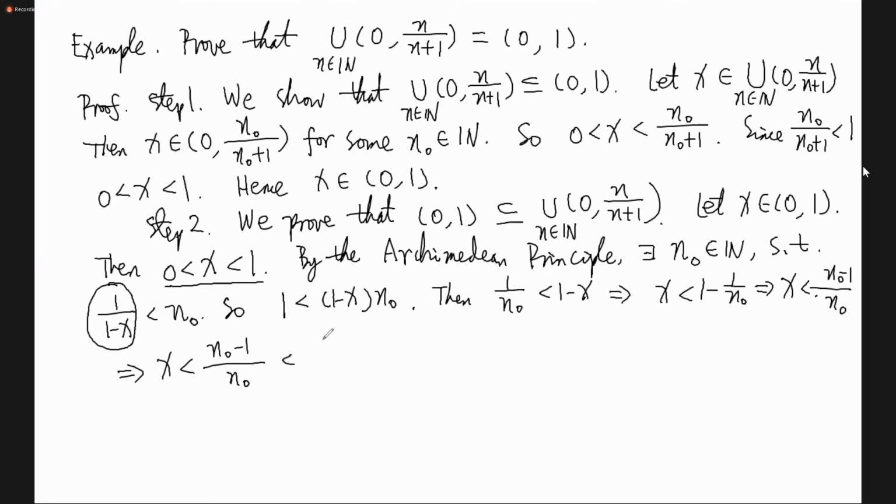But this is less than n0 over n0 plus 1. So you understand this step? n0 minus 1 over n0 is less than n0 over n0 plus 1.